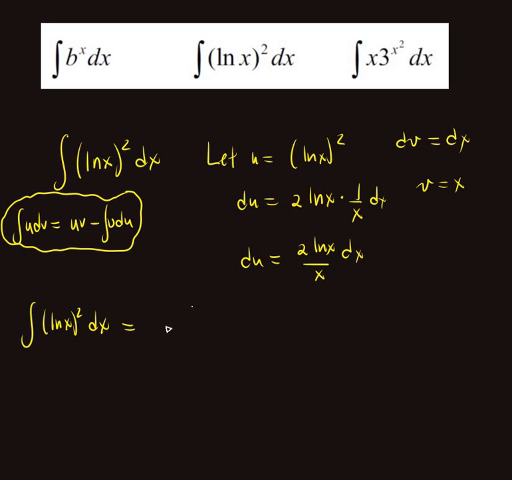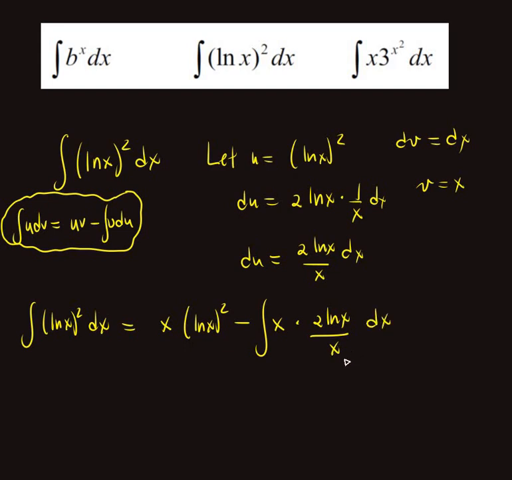We have v is x, so uv, and u is natural log of x squared, minus the integral of who is v, x, here it is, and who is du. du is going to be 2 natural log of x divided by x dx.